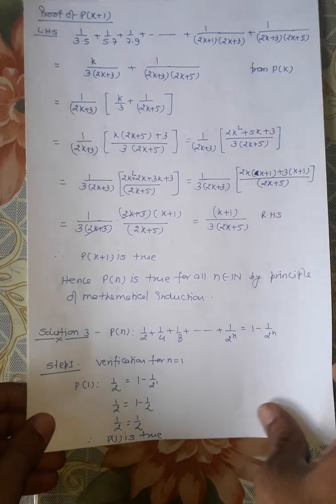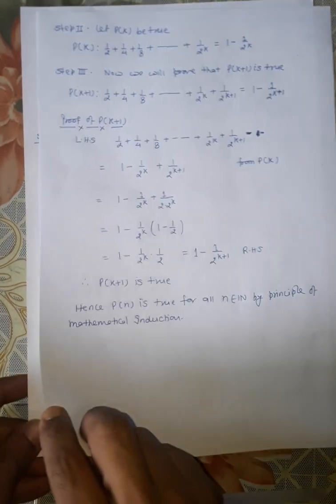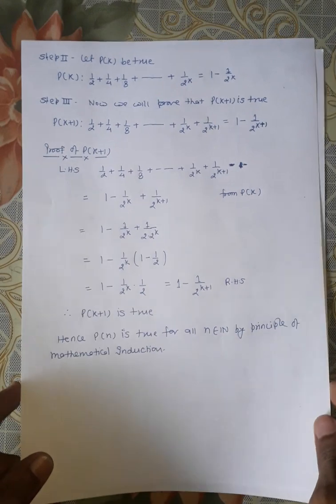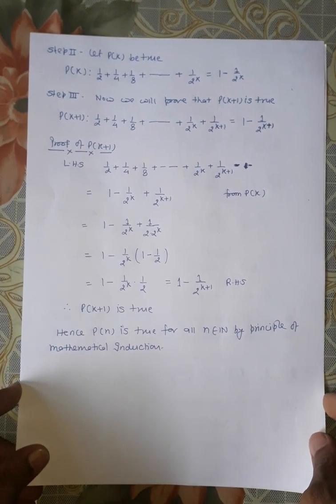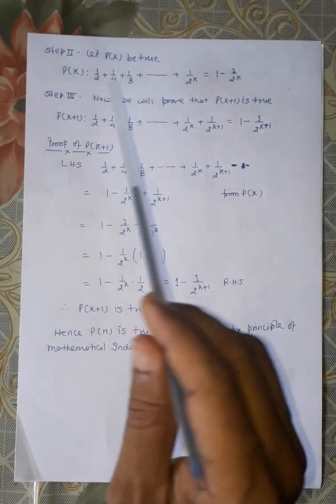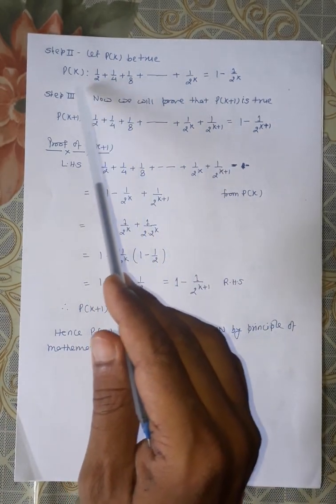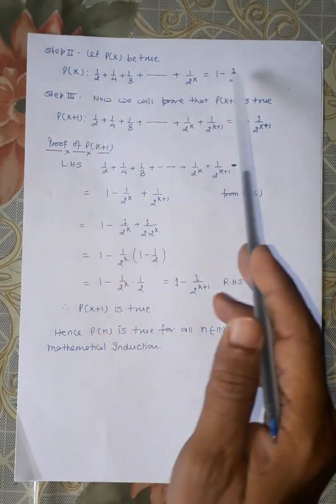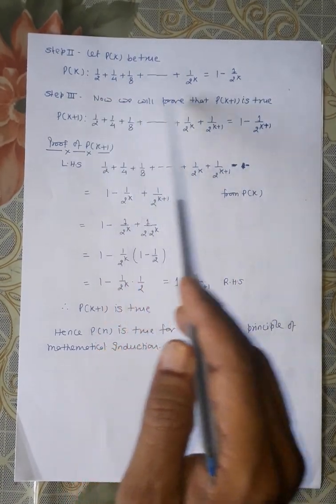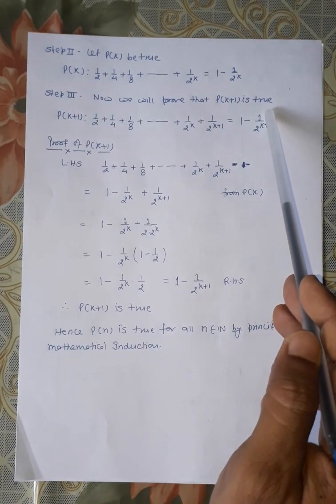As you know, in the second step we suppose that Pk is true. So we suppose it here. Let Pk be true. Pk, as I have told you, wherever n is occurring in that place you put k. So we did. Now step third. Now we will prove that Pk plus 1 is true. Pk plus 1.